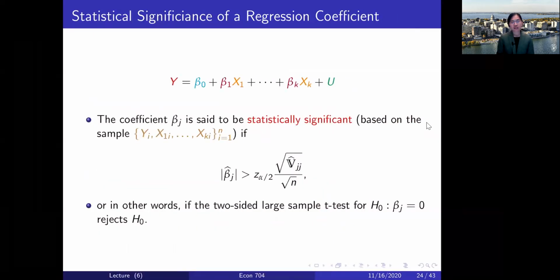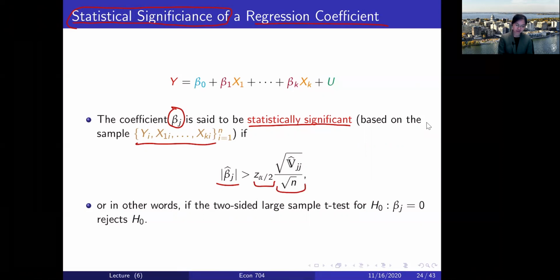Now with the two-sided large sample t-test, we can actually define a concept called the statistical significance of a regression coefficient. The coefficient beta j is said to be statistically significant based on your given sample if the absolute value of beta j hat, the estimator, is greater than the two-sided z-score times the standard error.